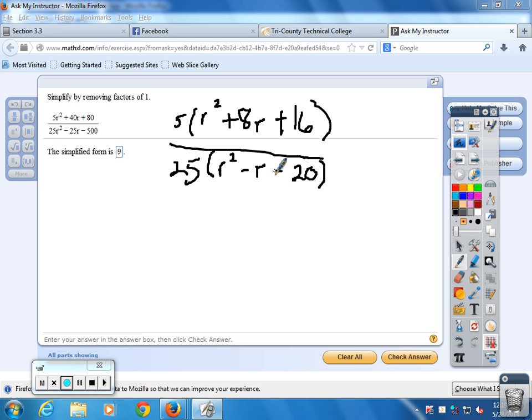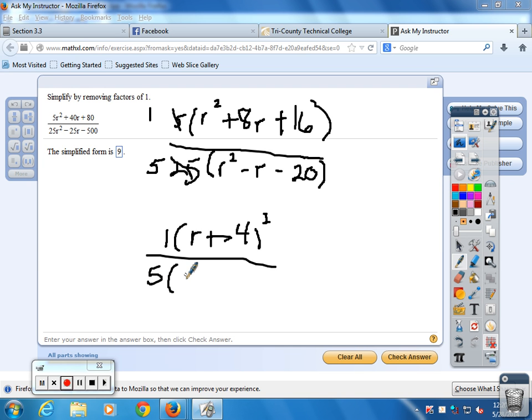That's reverse FOIL. So what can happen to the 5 and the 25? Well, that'll go 1 time, that'll go 5, so they cancel. This is r plus 4 quantity squared. So 1 times r plus 4 quantity squared over 5 times r minus 5 times r plus 4.